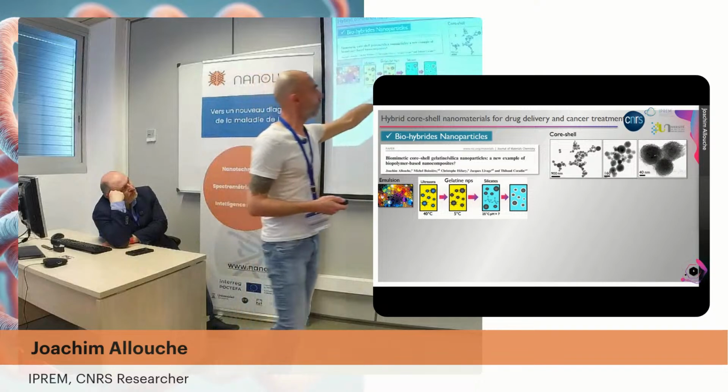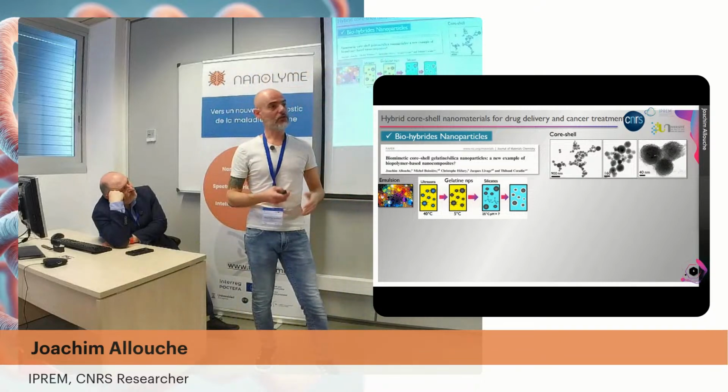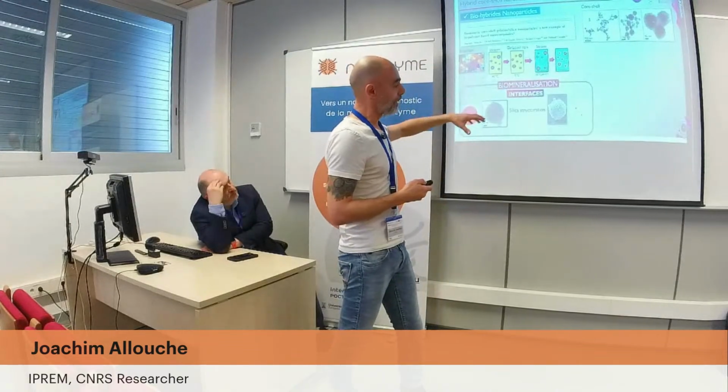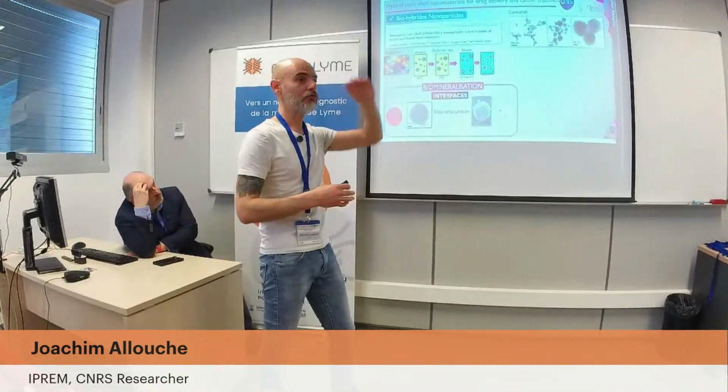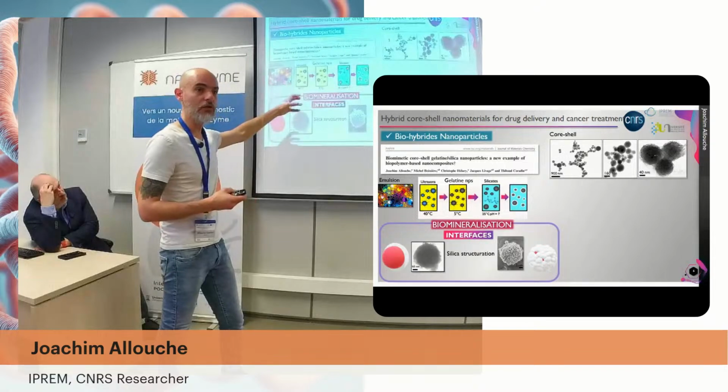We can obtain this type of particles, which can be designed for drug delivery applications, to use in cancer treatment, for example. And we wanted to understand the effect of the size of the particles in terms of structuration of the silica shell around the gelatin core.